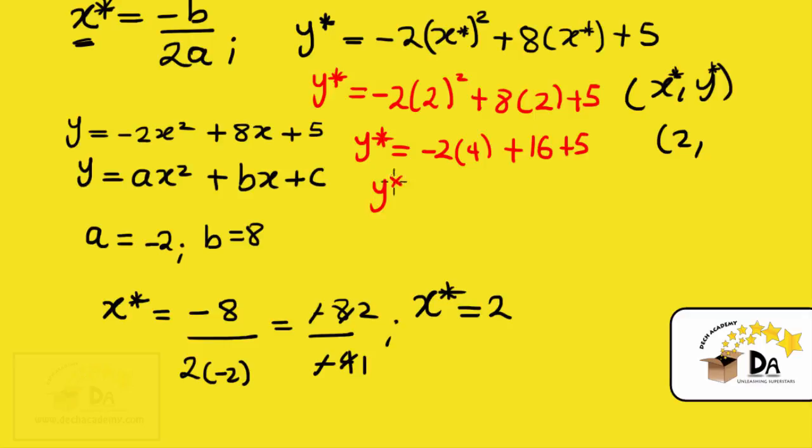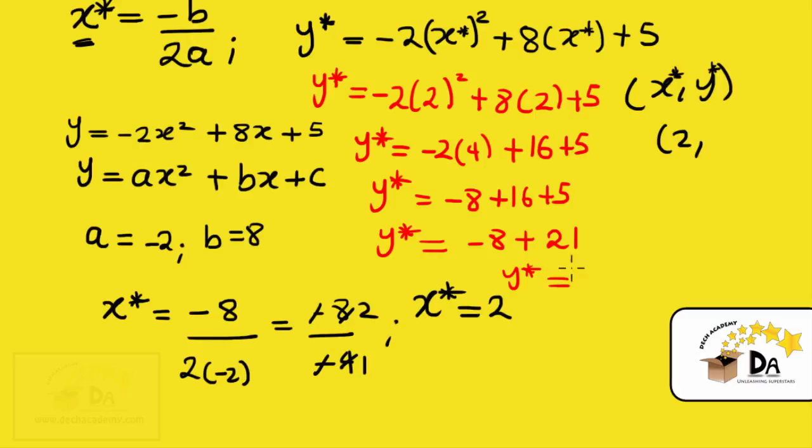We have y asterisk, because minus 2 times 4 is minus 8, plus 16 plus 5. So we have minus 8 plus 16 plus 5. 16 plus 5 is 21. So we have minus 8 plus 21, same thing as 21 minus 8, same thing as 13. So y asterisk is 13.